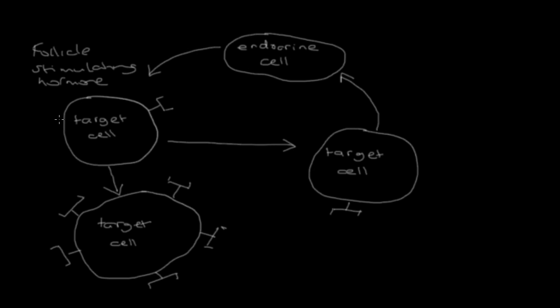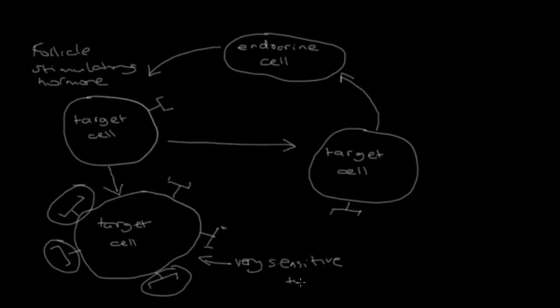The follicle stimulating hormone actually acts on the target cell, and what it does is increase the number of receptors on the surface of the target cell, which then makes it very sensitive. So it's very sensitive to FSH. So that's the positive feedback there: the stimulating hormone increases the number of sensors, which then makes the cell even more sensitive to it.